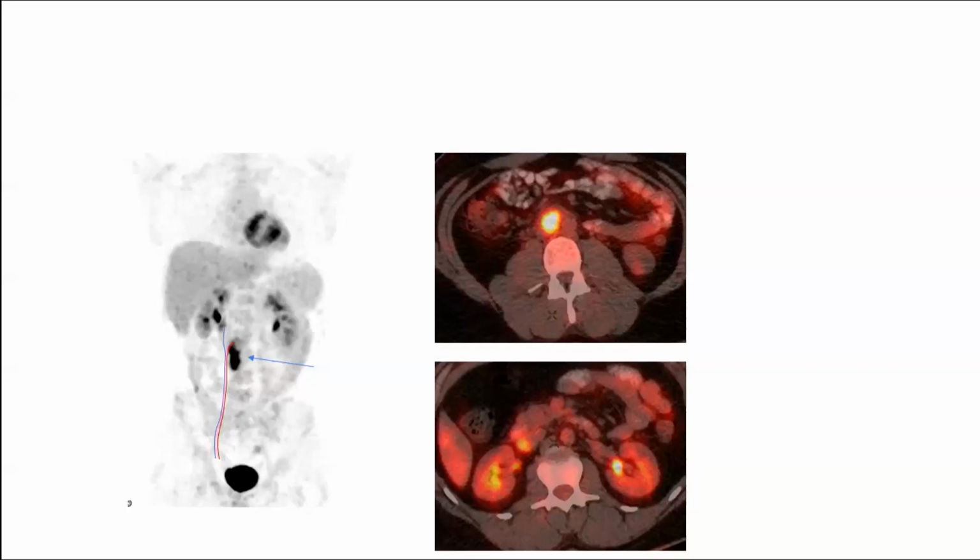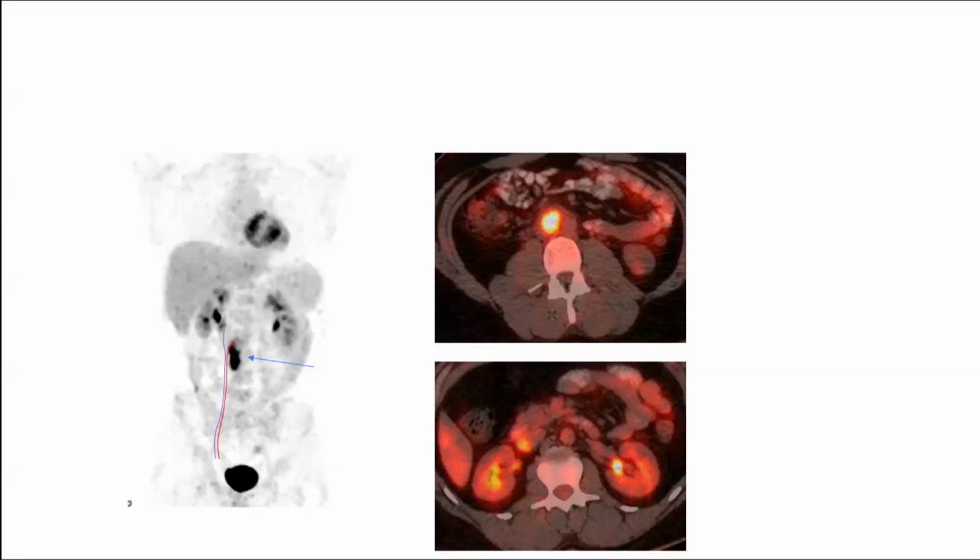And we should look both at the inlet of the artery and the inlet of the vein. Here, for example, we have lymph node metastasis at the place where the artery goes, and another one at the place where the vein goes. Actually, the one that goes to the vein was overlooked in the initial reading of the PET-CT, which may be important if we plan radiotherapy, for example.